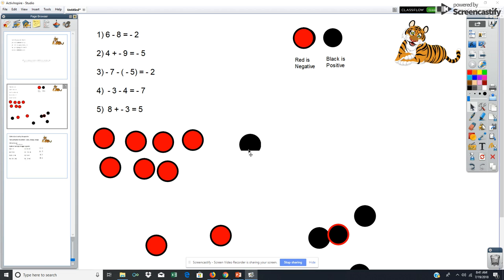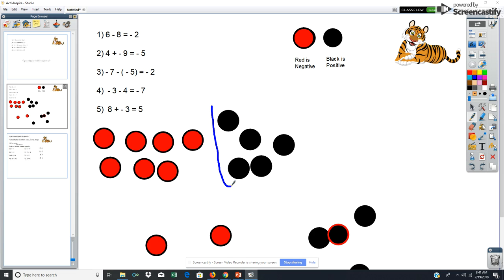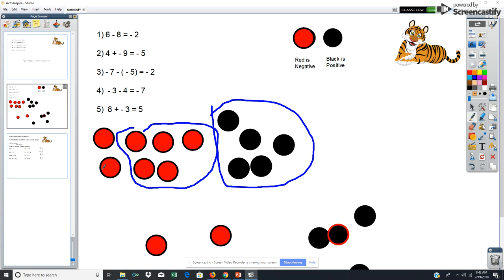So I would have 5 black ones. 1, 2, 3, 4, 5. And I'm going to look for my 0 pairs. So if I have 5 black, I can cancel out 5 red, and I am left with 2 red, or a negative 2.